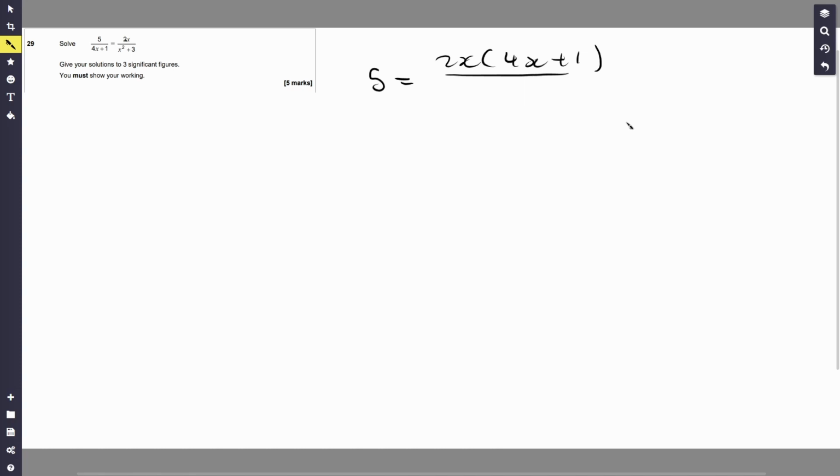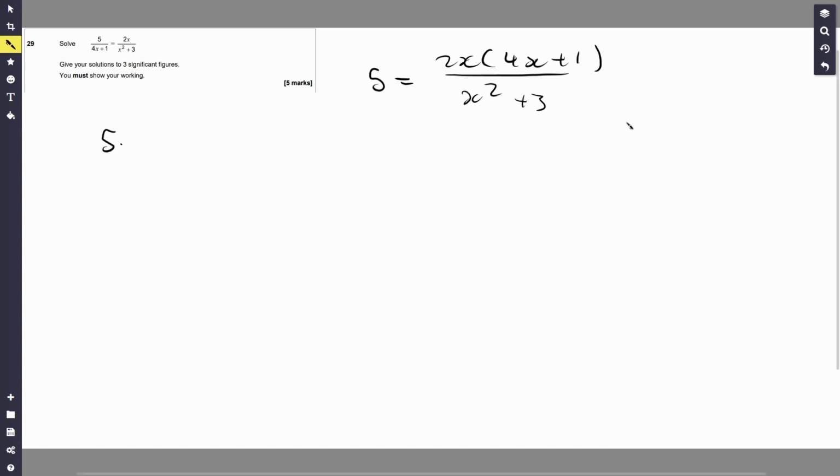That means it's the same as timesing this one by it, and then keeping the denominator, or the bottom number, the same. And there we go. So now we have that. And I'm just going to keep that as this for now, because what I'm going to do now is times both sides by this thing at the bottom to get rid of that fraction. So then now we have no fractions after that.